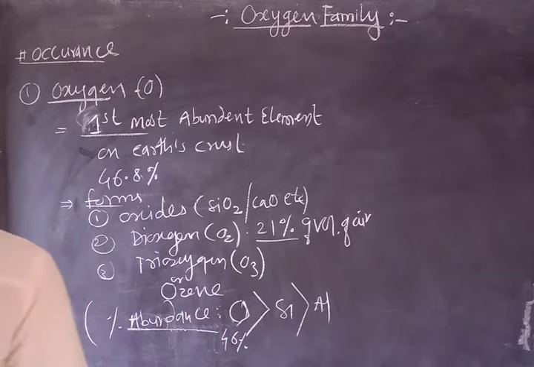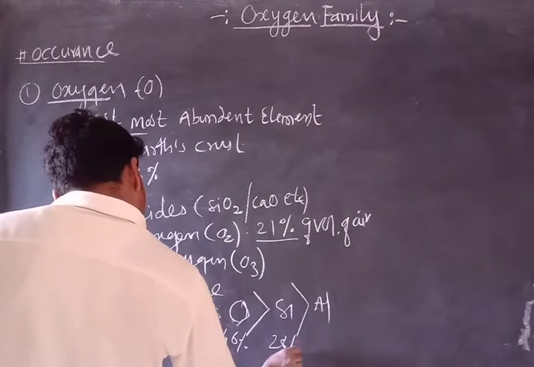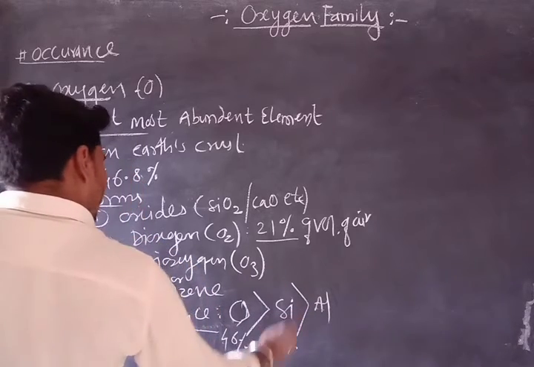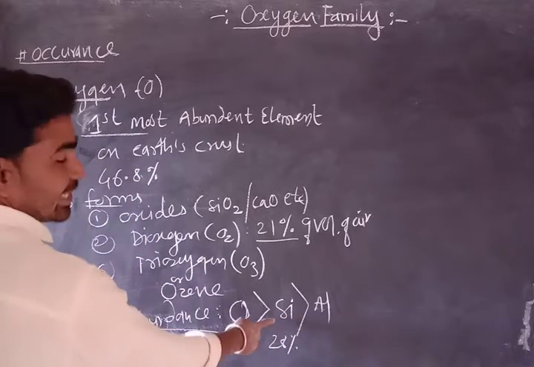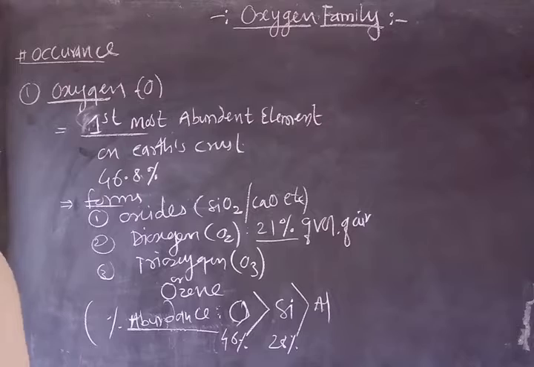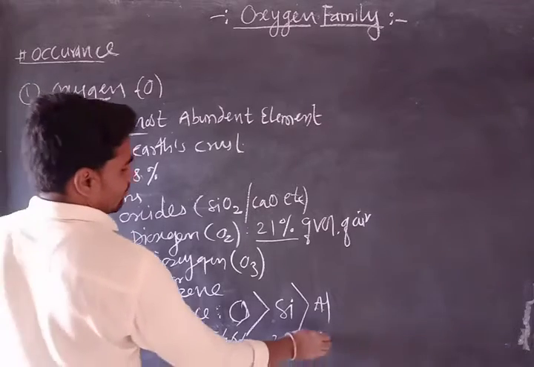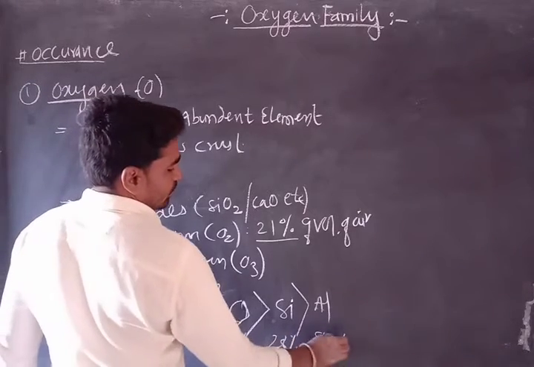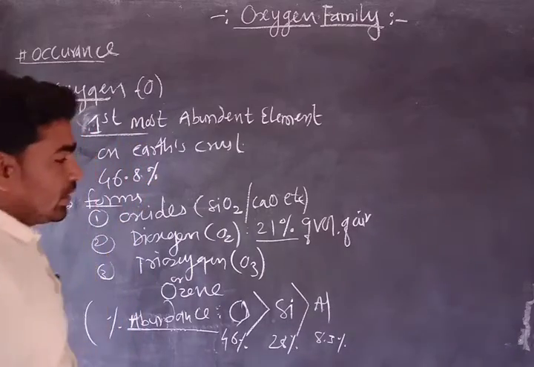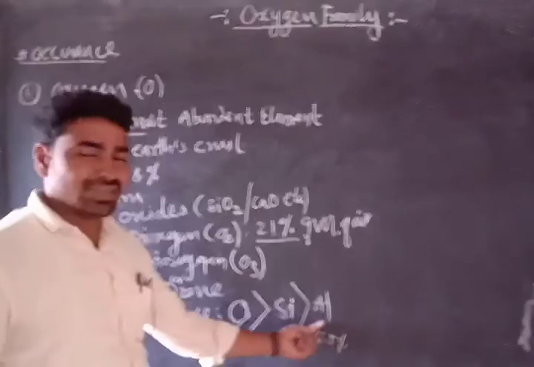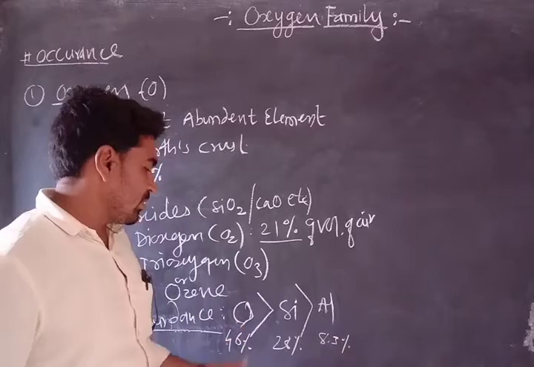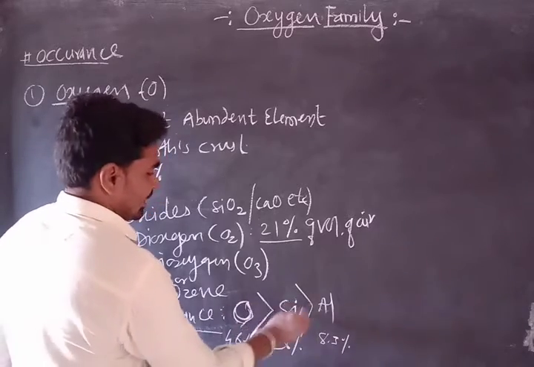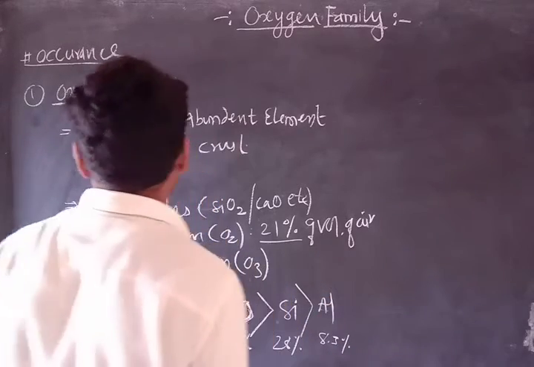After that there is 28% of silicon, which is the second most abundant element of the Earth's crust, and aluminium is about 8.3%. So this is first, this is second, this is third.